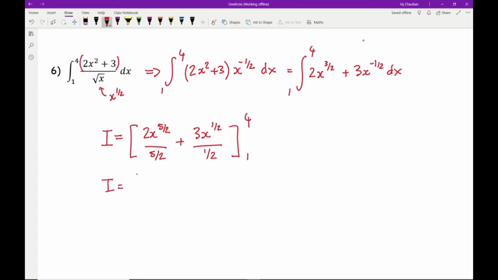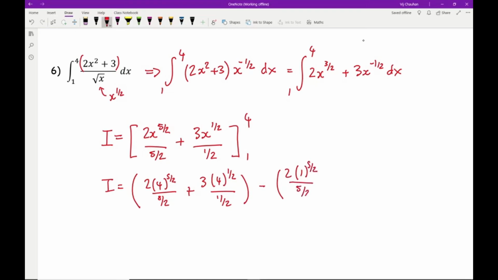So again, substituting numbers in, I've got 4 to the power of 5 over 2 over 5 over 2 plus 4 to the half over a half, and that's the first bracket done, minus, now I'm going to substitute 1 into the function, so I've got 1 to the power of 5 over 2 over 5 over 2 plus 1 to the power of a half over a half.